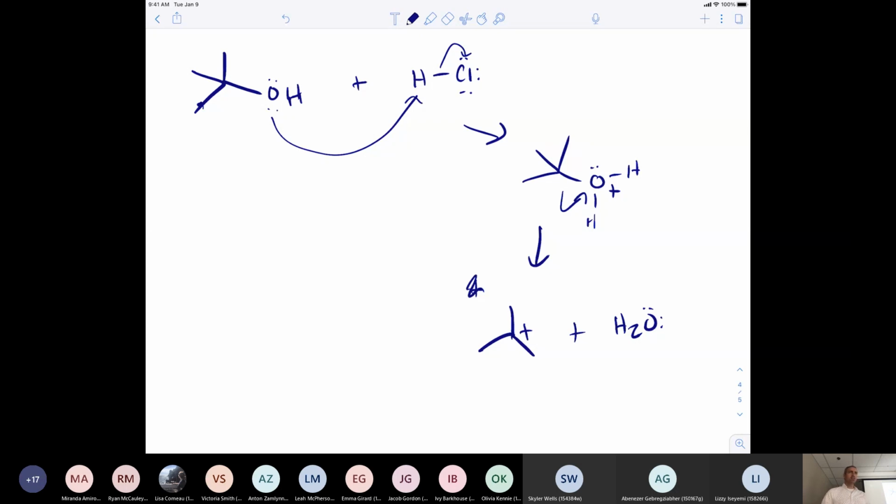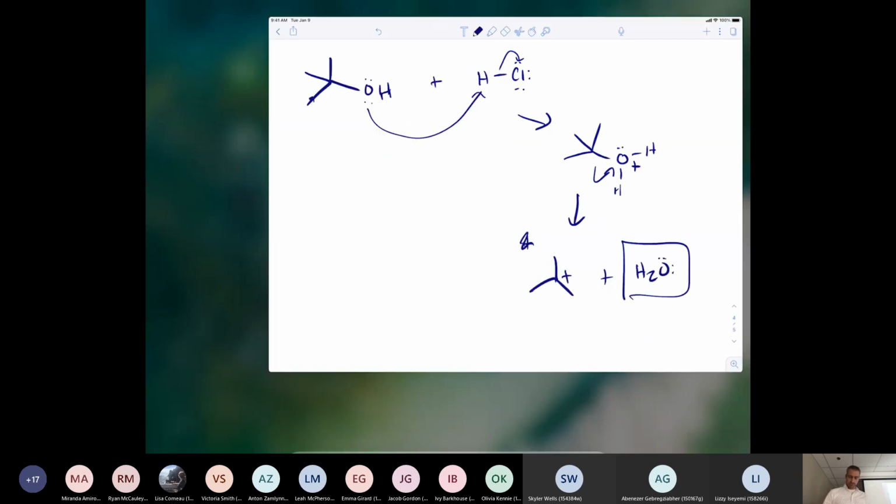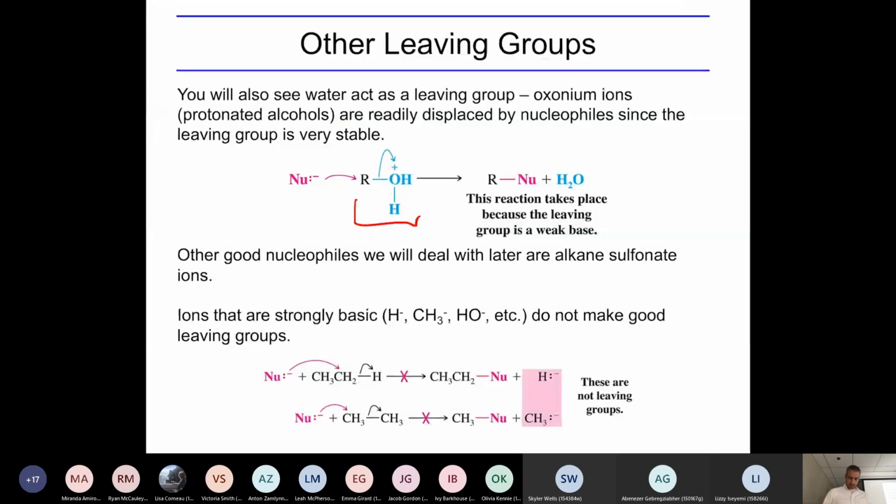So halogens, iodide, bromide, chloride are good leaving groups, or small neutral stable molecules like water make good leaving groups if you protonate the compound first. All right, so that's what strongly basic things are not.